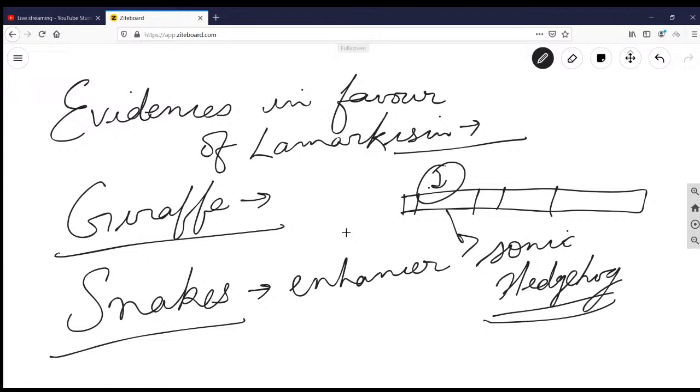Then the horse. The ancestor of the modern horse used to live in areas with soft ground and was short-legged with a greater number of functional digits, four functional fingers and three functional toes in the dawn horse, the earlier horse. Gradually these took to living in areas with dry ground in the present era.